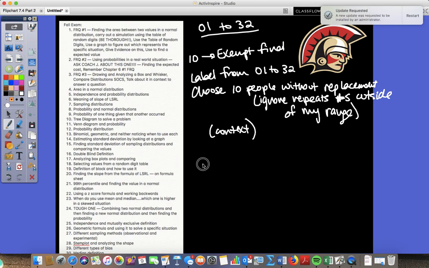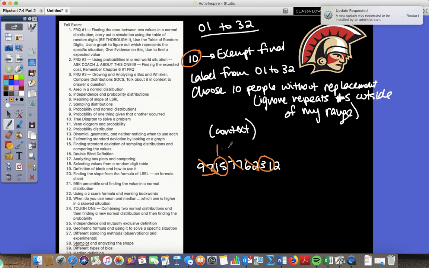So then maybe I have the random digits, and I just made this up, by the way. They'll give this to you. They'll say, carry out this scenario by choosing the first 10 numbers. So 97 would be outside my range. 15 would actually be okay. 77 is outside my range. 62, 31 is in my range.